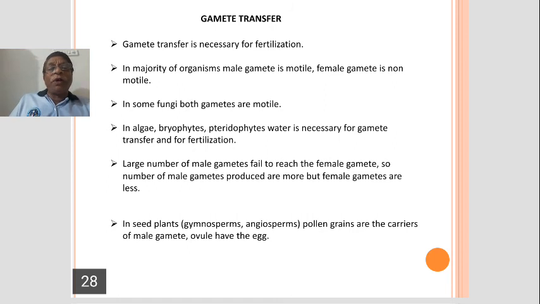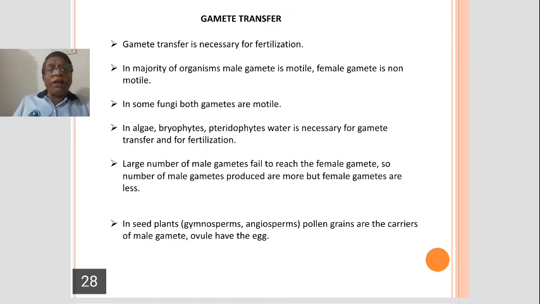In case of bryophytes, the male gamete we call sperm, which is haploid, having cilia or flagella, which is produced in antheridia.